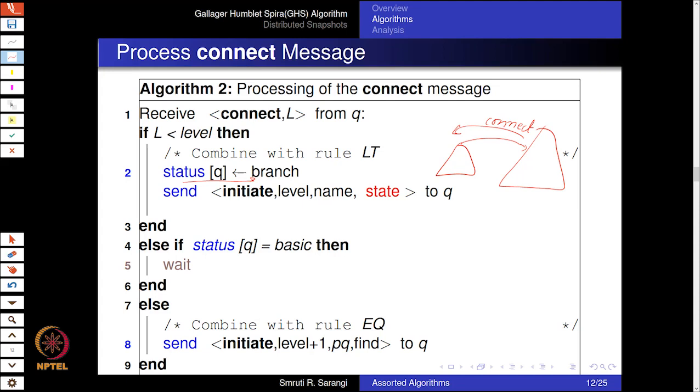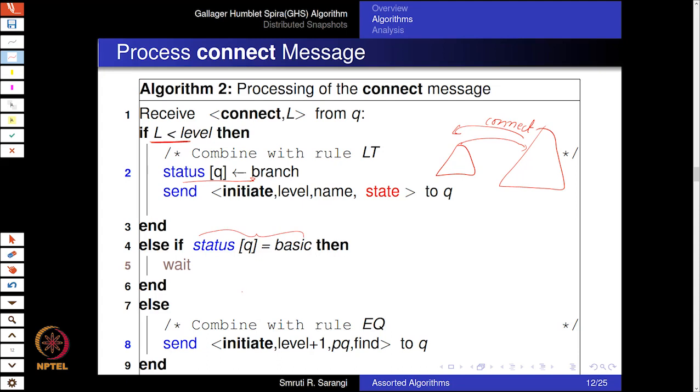Else, if this condition is not holding and the status of the node is basic. So the status of the node basically has not been, as far as I am concerned, this node has not been explored, so the status is basic, right?